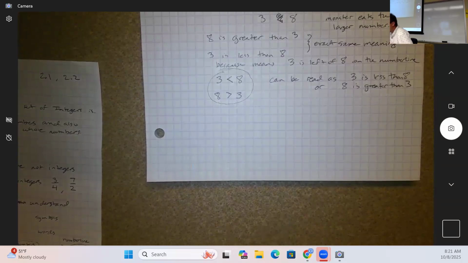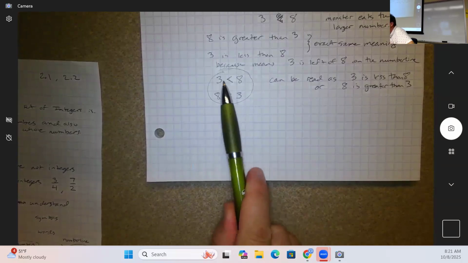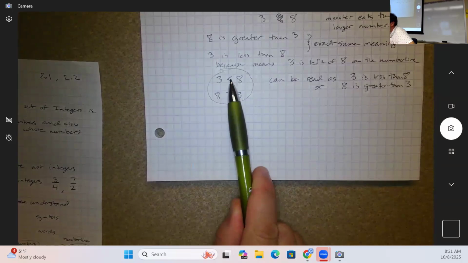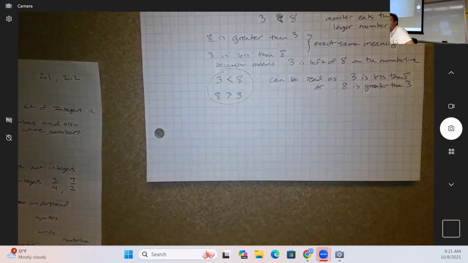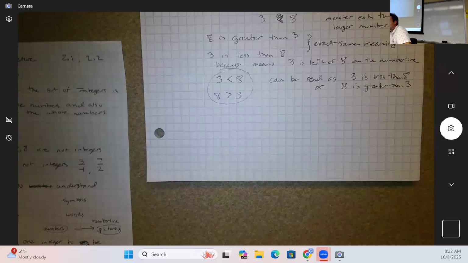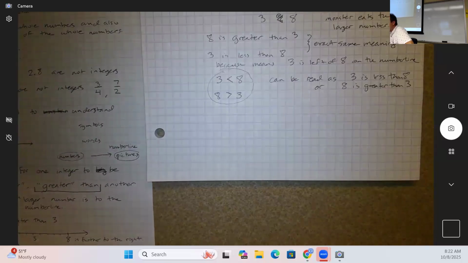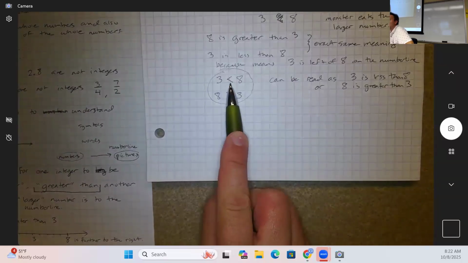If I build it from a number line, I'm probably going to pick the 3 and then this symbol here and then the 8. And one of the difficult things is I had a great conversation with my wife about this because she's great at math, but she's not a mathematician. And she said, that's the less than symbol. And I said, well, it depends.